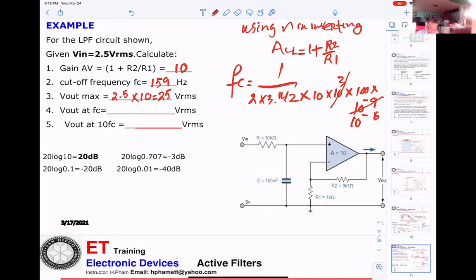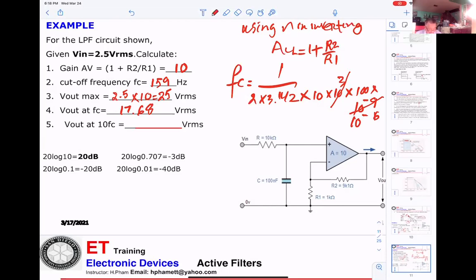It will be 25 times 0.707, right? Yes. 17.67, or 17.68 volts RMS.